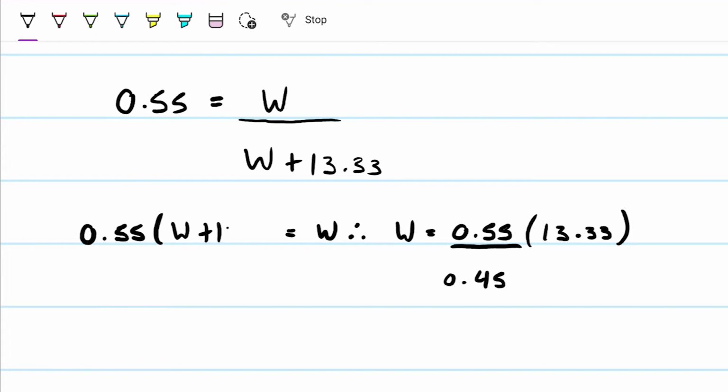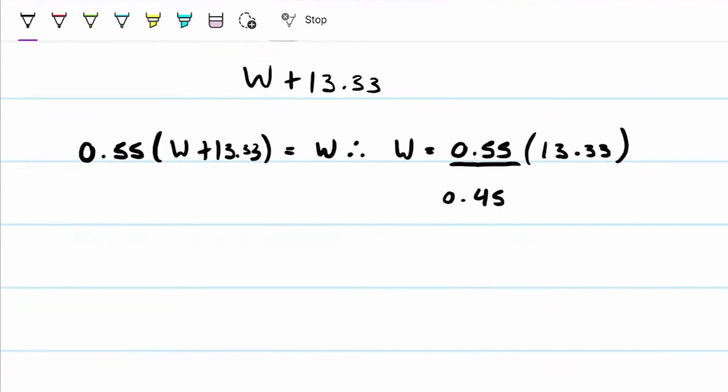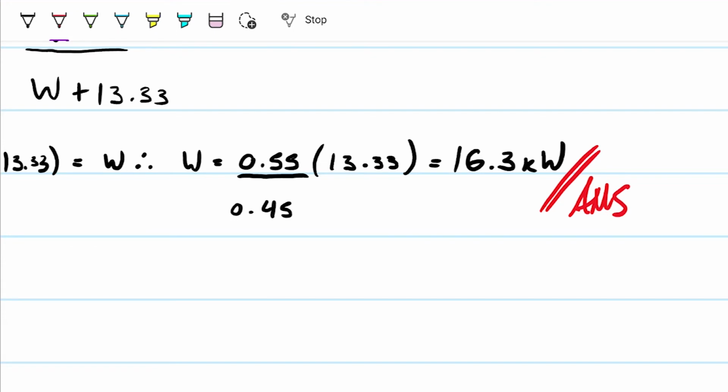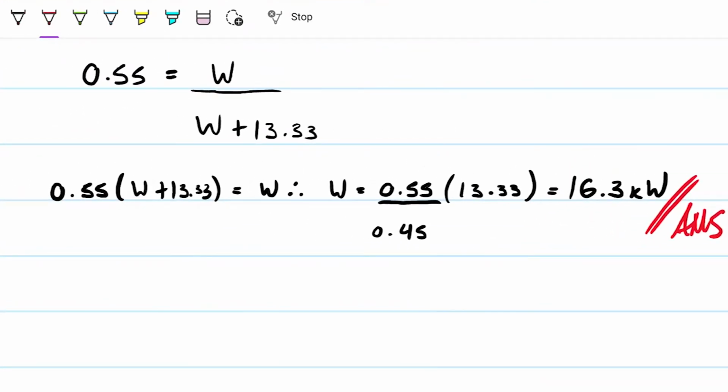Beautiful. All right, so this is in kilojoules per second, this is kilowatts. So this answer is also going to be in kilowatts, and I get 16.3 kilowatts. Okay, that's the answer. That's the amount of useful work being outputted by this heat engine.